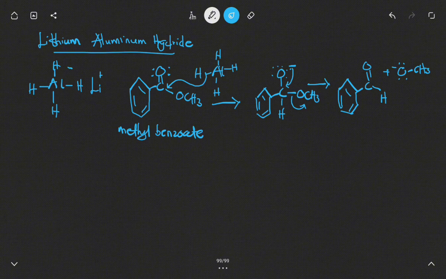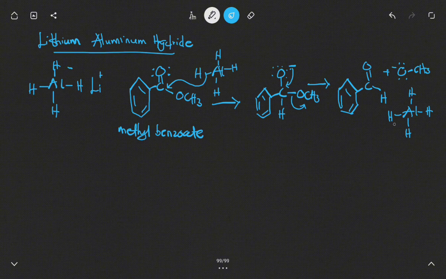Now what is going to happen again is we are going to have the reducing agent again, aluminium. Remember, it's not only one that we have, there are lots in the system. So we have aluminium, 4 hydrogens attached, and just like we saw earlier, we are now going to reduce this benzaldehyde to give us the alcohol.